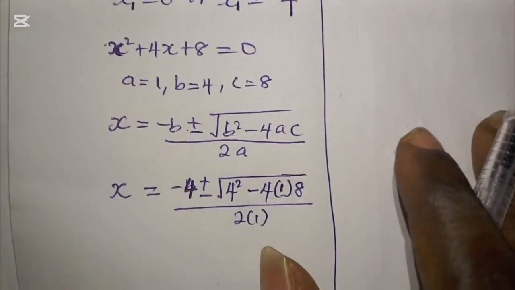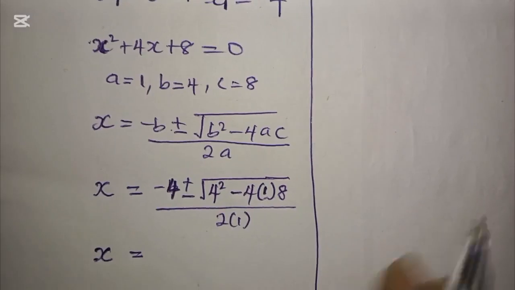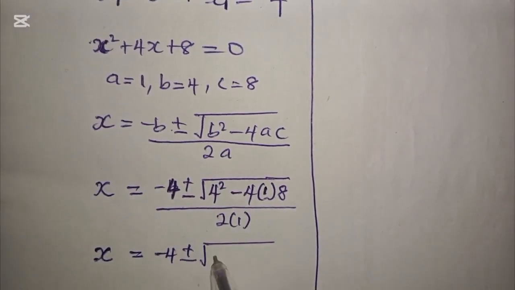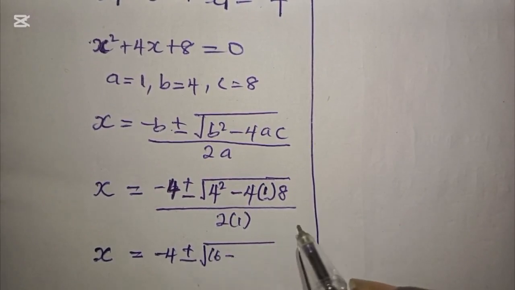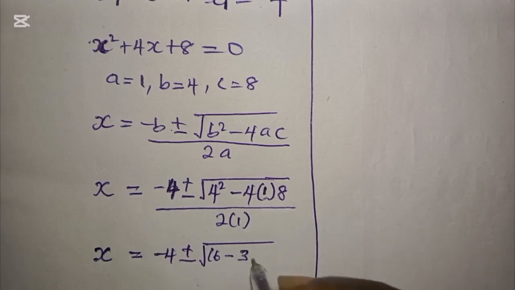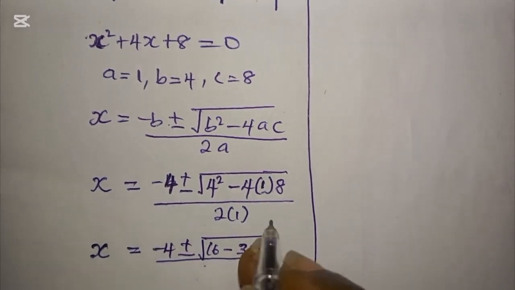Let me continue. We now have x equal to minus 4 plus or minus square root of 4 times 4, 16, minus 4 times 1, 4, 4 times 8, 32, divided by 2.